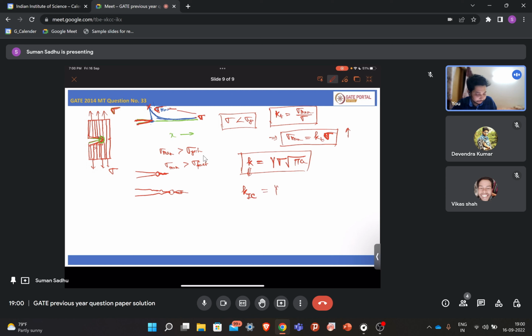It will be Y sigma root over pi into a_c. This critical stress intensity factor is called fracture toughness. This K, or stress intensity factor, is related to your applied sigma by this equation.